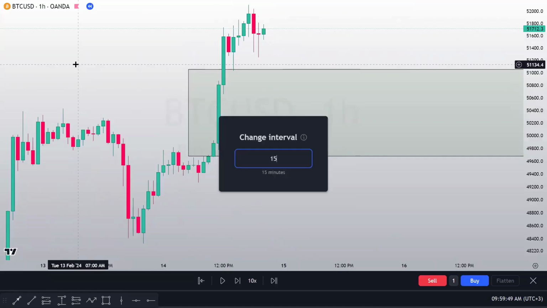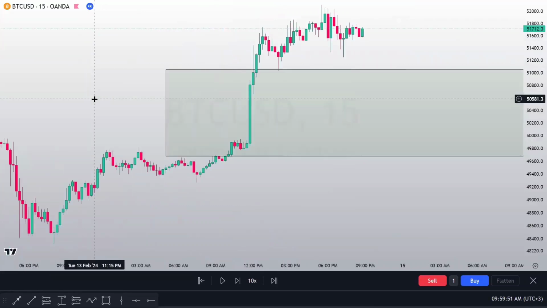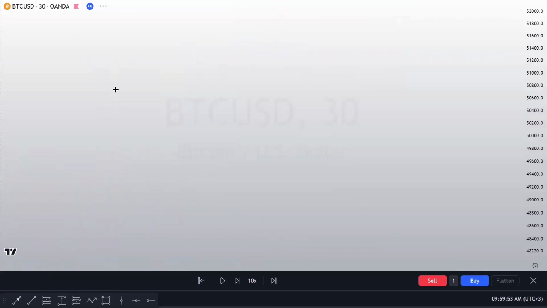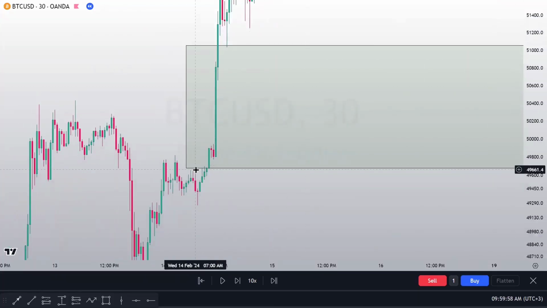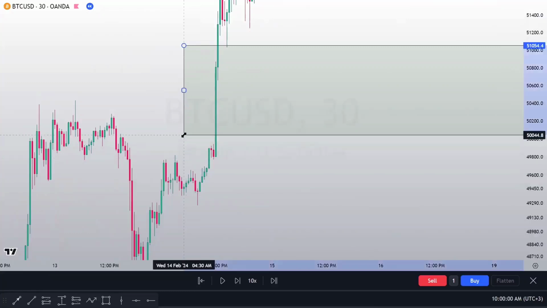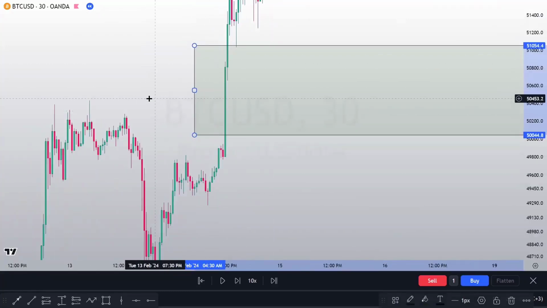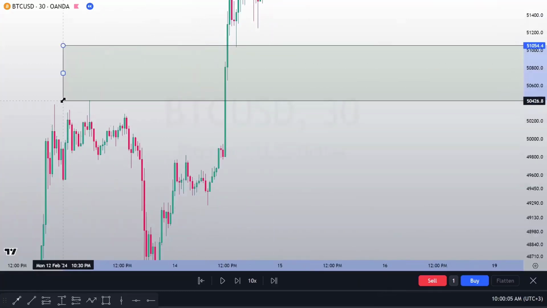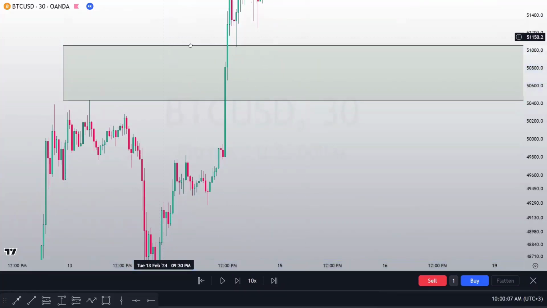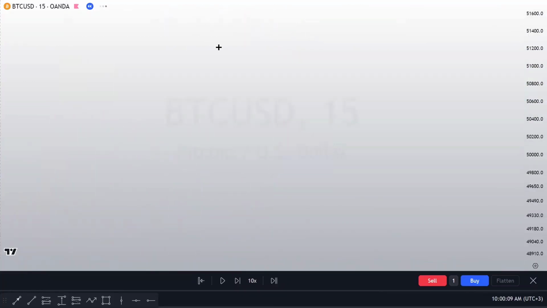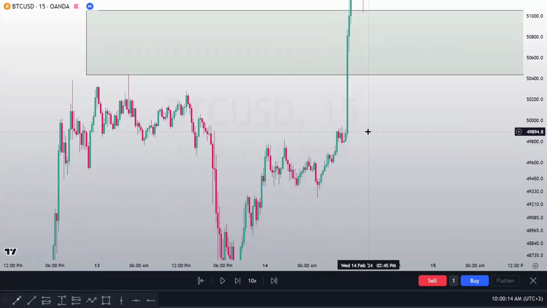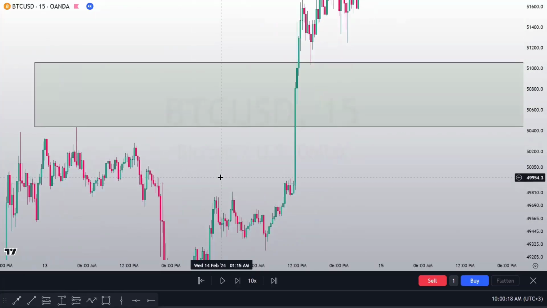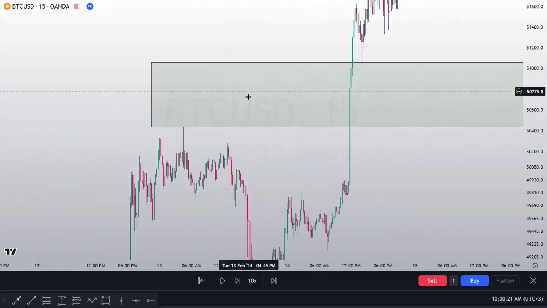If you go to the 30 first before going to the 15, you also don't observe a clear area of this particular momentum. What I mean is by looking at this particular area where we didn't have any sort of disturbances like that, as you can see. If you go to the 15 again, you also don't observe anything. We don't have to observe the zones from these areas because we are actually having this sequence on these areas right here. So you just have to observe those clear areas like this one.